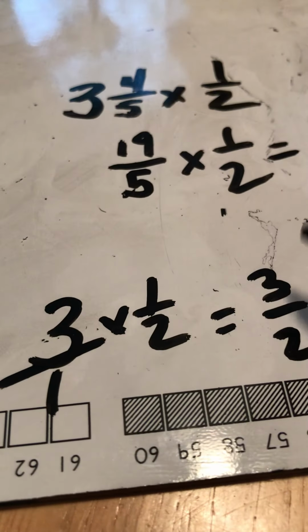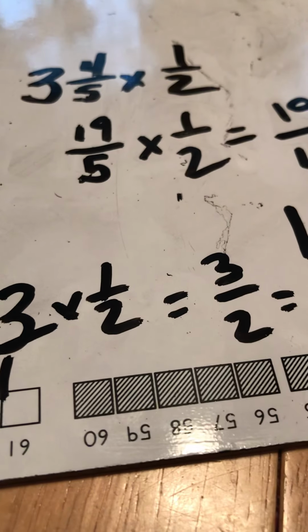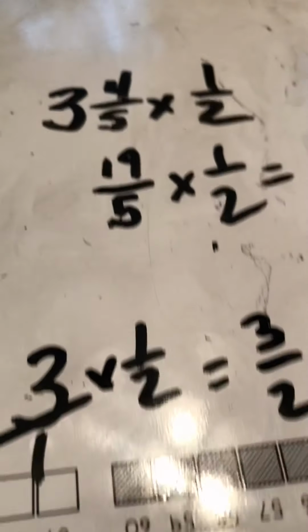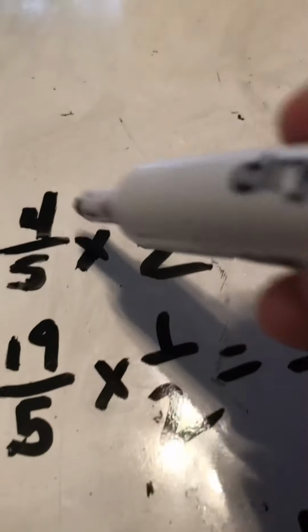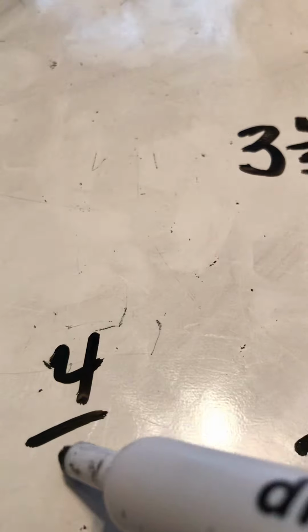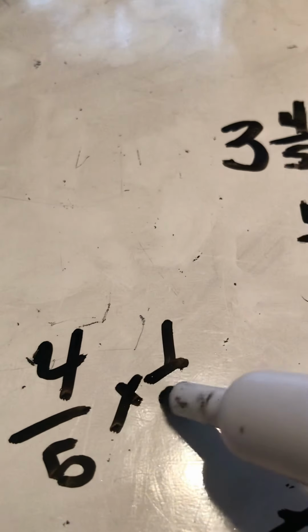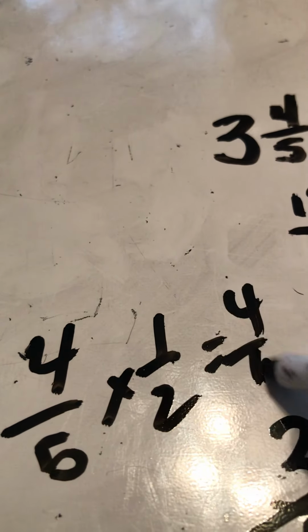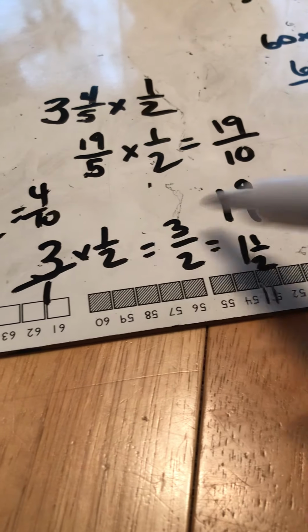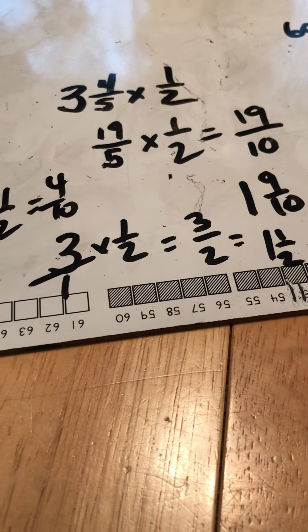Right? But then I'd have to do the 4/5 times 1/2, wouldn't I still? So 4/5 times 1/2. We would end up with 4/10. So if I added these together, would they equal 1 9/10?